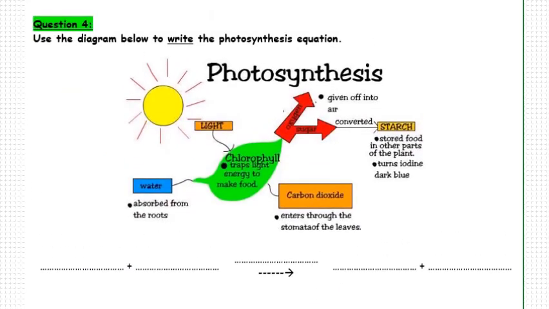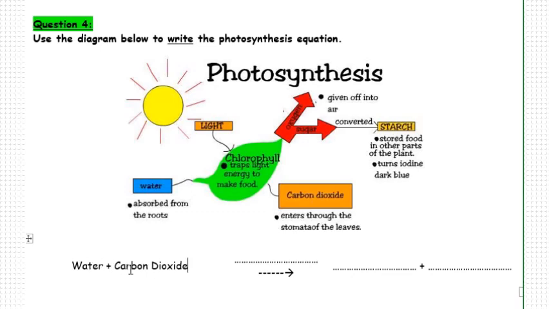Okay. Use the diagram below to write the photosynthesis equation. We don't need any diagram to write the photosynthesis equation. You know now that for photosynthesis, plants need two things: water and carbon dioxide.